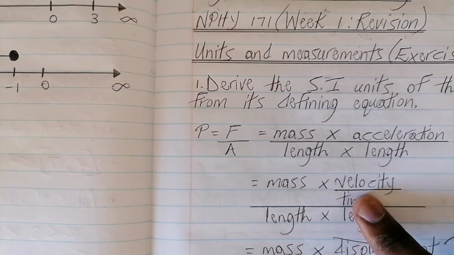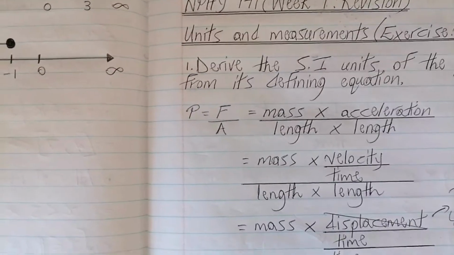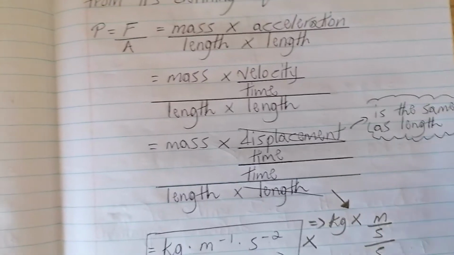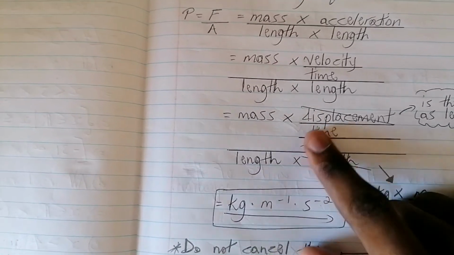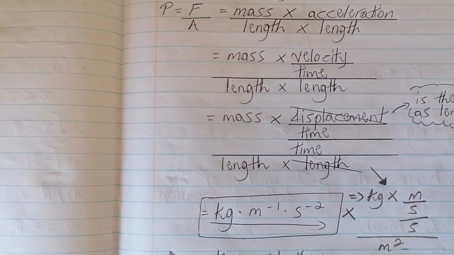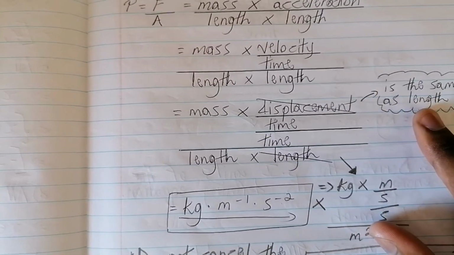Moving forward, we know that velocity is also not a base SI unit. So what we have to do is break velocity apart. We simplify velocity, and we know that velocity is displacement over time. And please note this, displacement is the same as length.